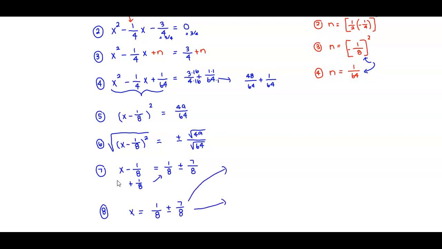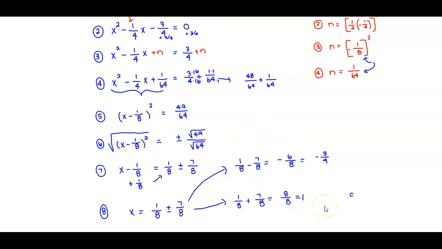So we're going to have two solutions. We have 1/8 minus 7/8, and then we have 1/8 plus 7/8. So when we take 1/8 and subtract 7/8, we get negative 6/8. And then we've got to simplify this result. So that becomes negative 3/4. Over here we get 1 plus 7, which is 8, and 8 divided by 8 gives us 1.